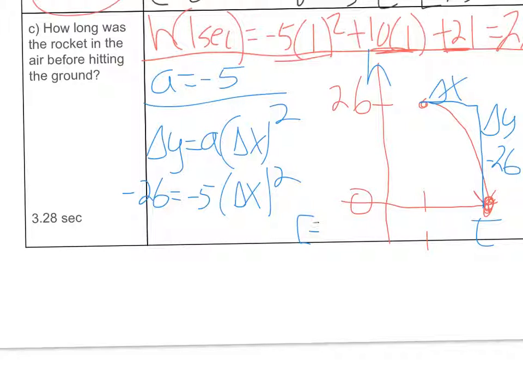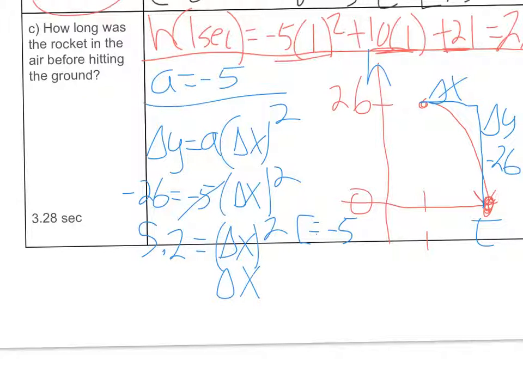So what I need to do is to divide both sides by -5, and that gets rid of that -5, and that goes in 5.2 times, and that's delta x squared.